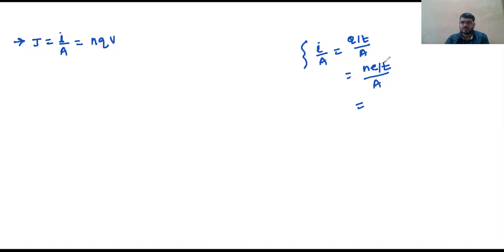L by t is the velocity, and hence we get n e v there. Just do that, you will get n q v.